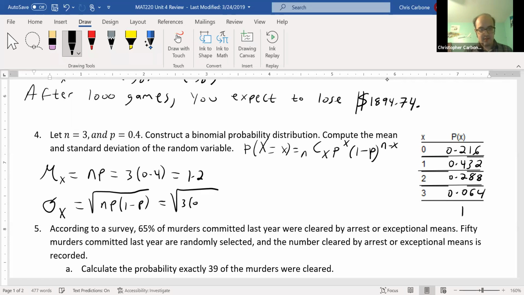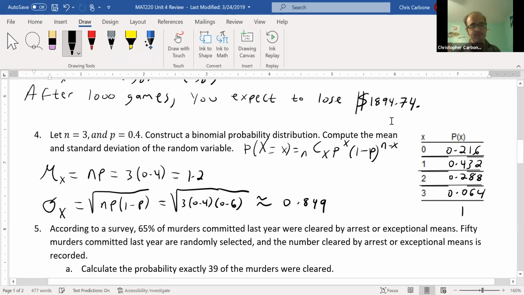So 3 times 0.4 times 0.6, from 1 minus 0.4. This number is about 0.849, a decimal in that regard.